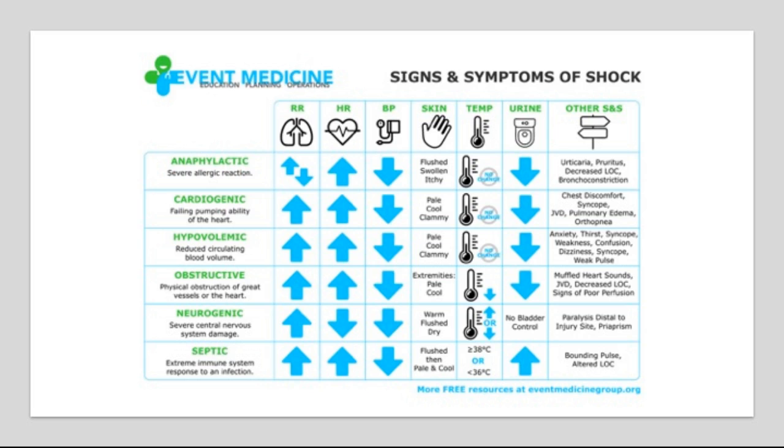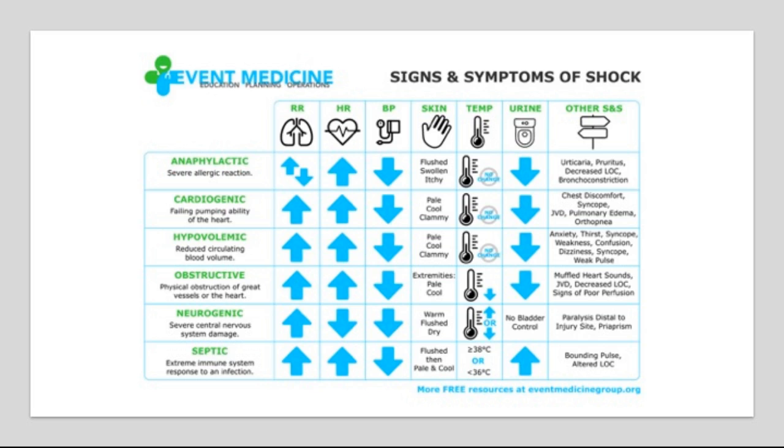Neurogenic, warm and flushed because of the parasympathetic. So skin can really go both ways. Urine output, that's just wrong on the septic part. Urine output goes down in septic shock. That's in the book, the PowerPoint, and that's what I see in practice as well.